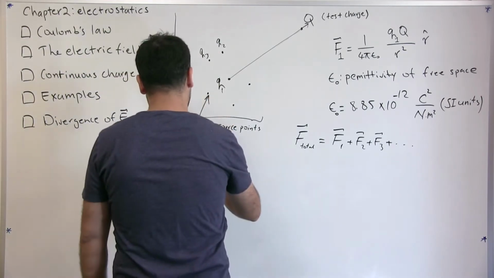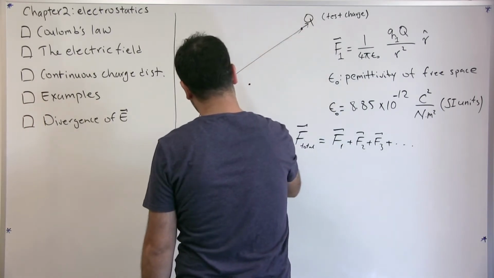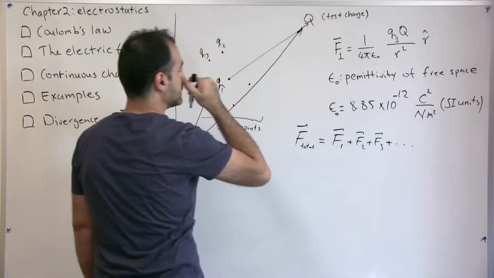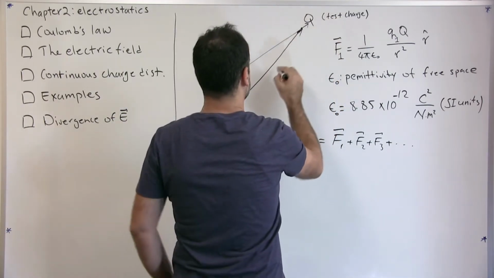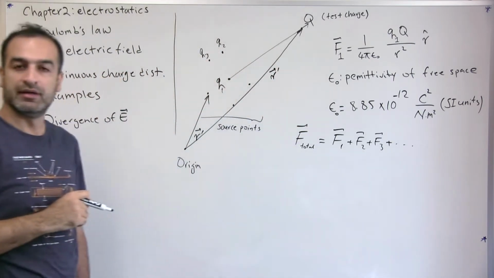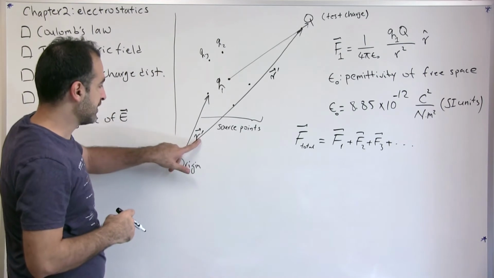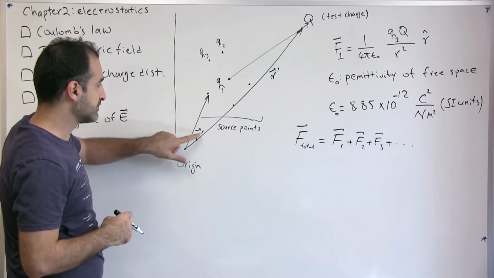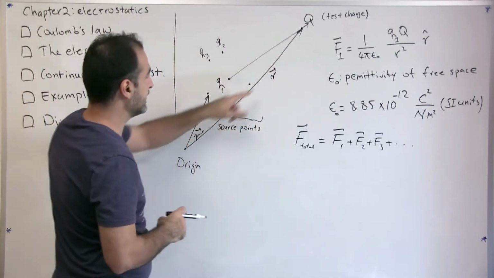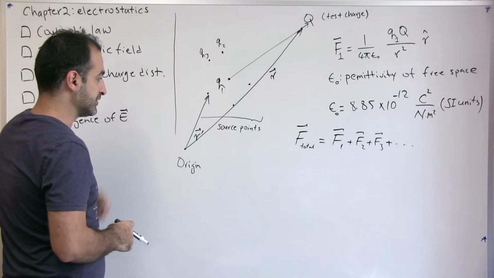If this is R prime, this is where we are looking at the position of the test charge or field point, we use non-prime notation. So any source point has prime notation. Any field point or test charge has non-prime notation.